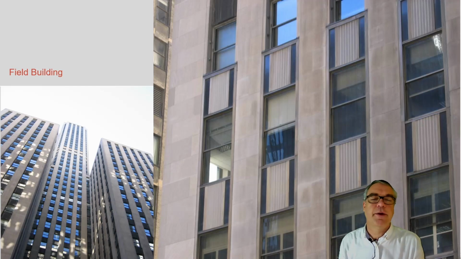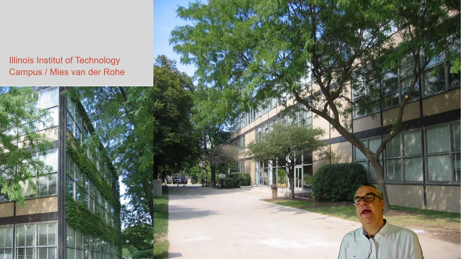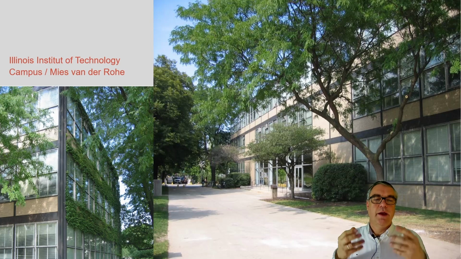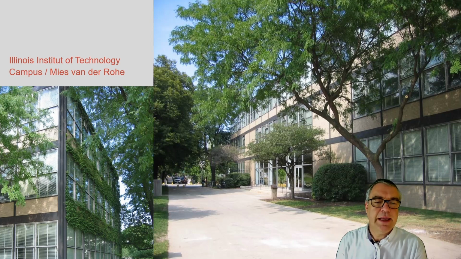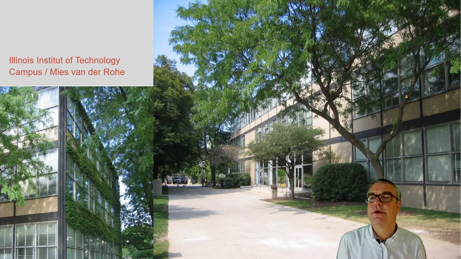This goes on with buildings of the 1920s, and then Mies van der Rohe appears, and he transfers this steel into a more visible component. He allows steel to be the structural component, but also to be visible as a structural component.